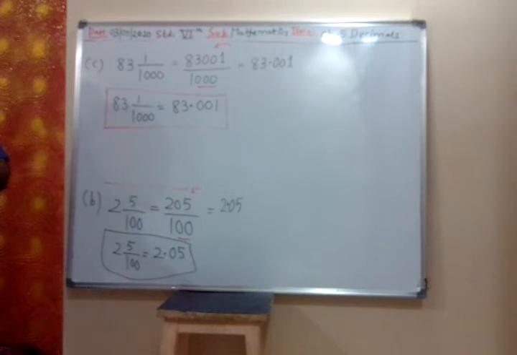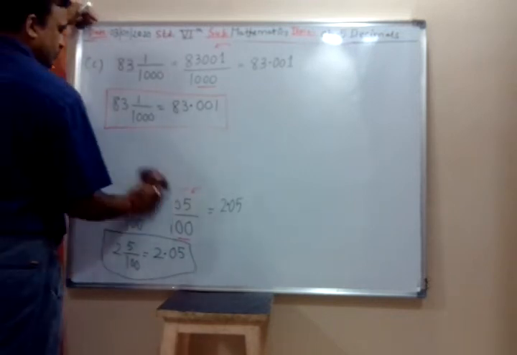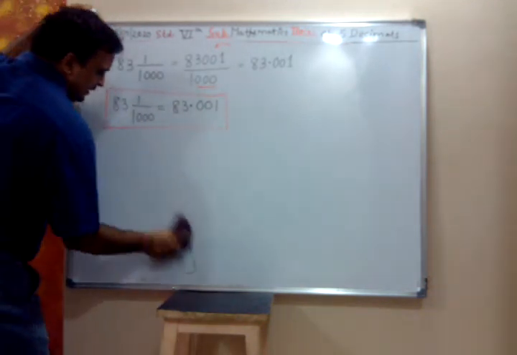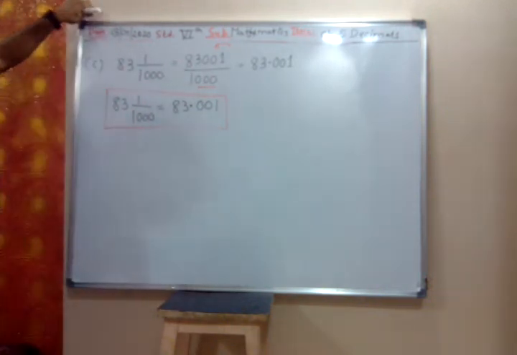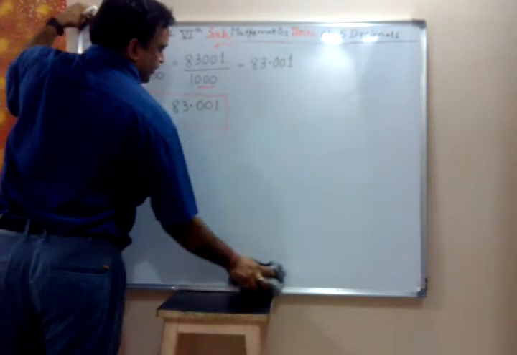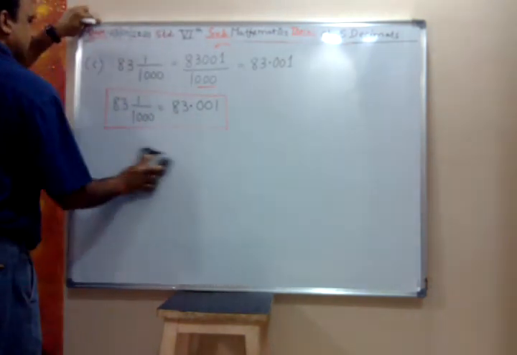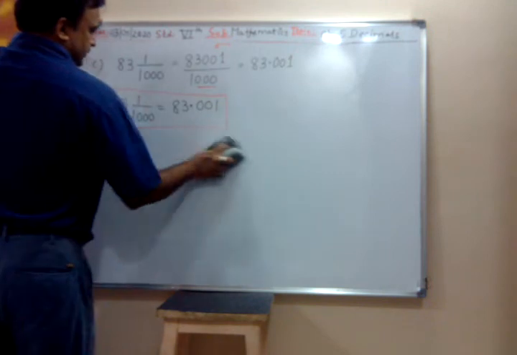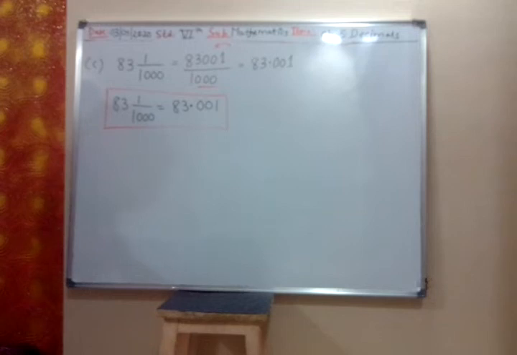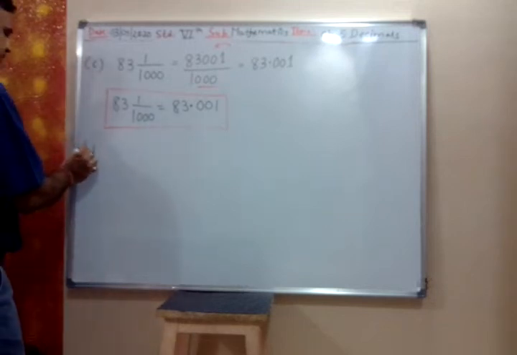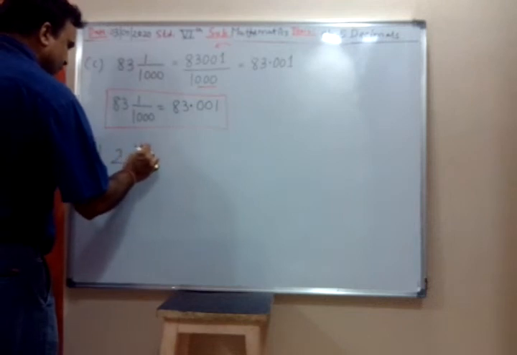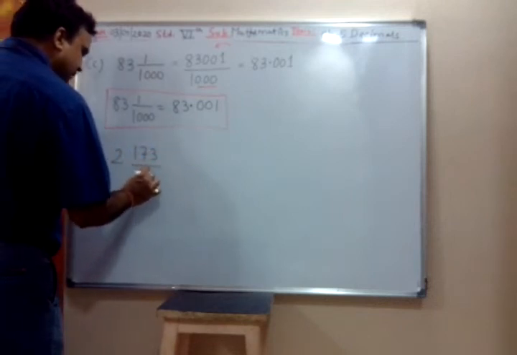Next, D part is 2 is to 173 upon 1000. So first we convert this mixed fraction.